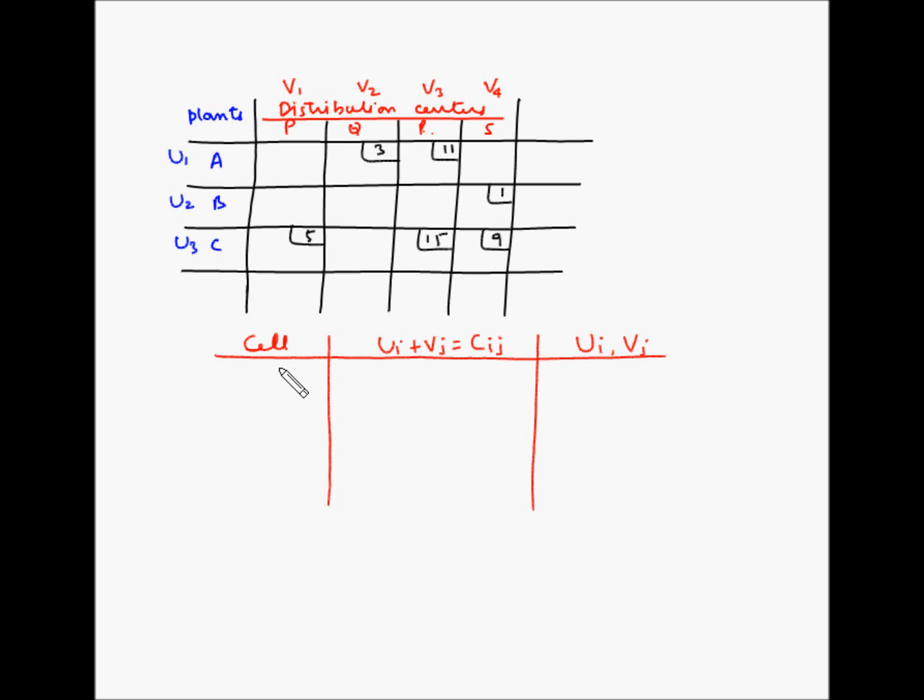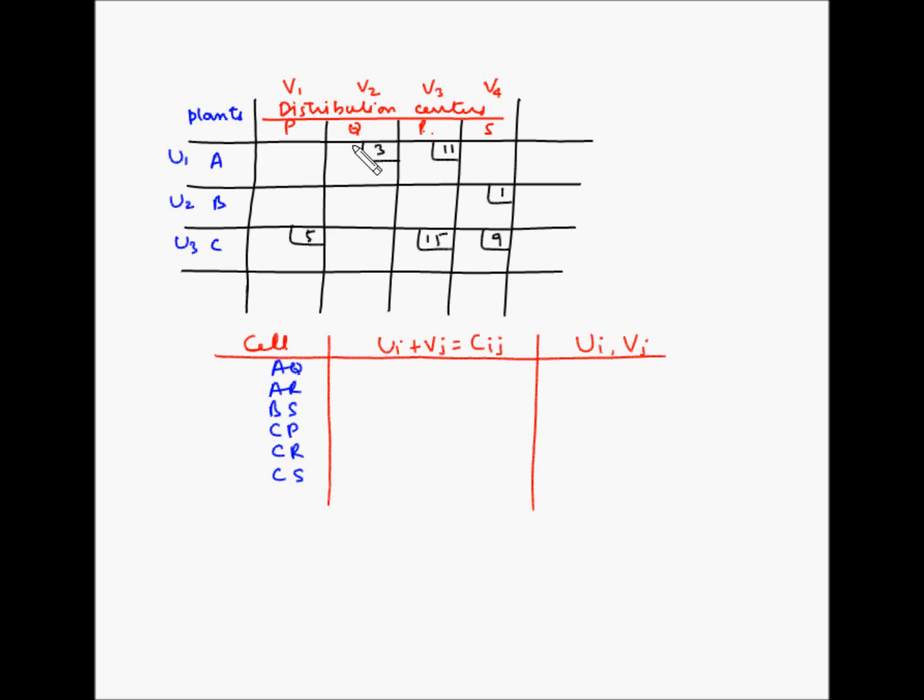So we have the stone squares as AQ, AR, BS, CP, CR and CS.